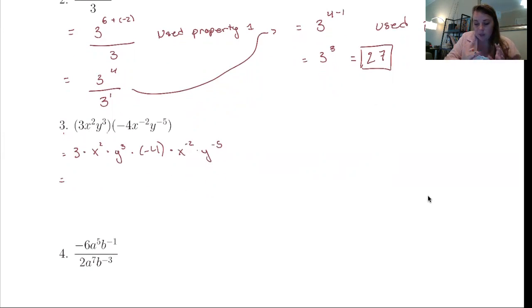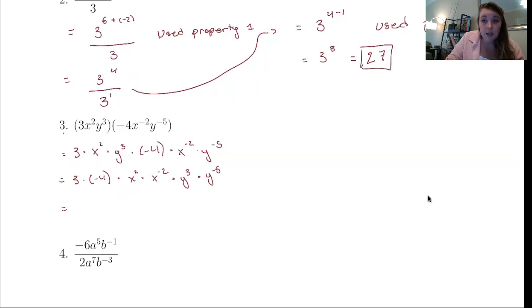I'm going to get my numbers together and then usually my variables in alphabetic order, but it doesn't really matter. So I'll do 3 times -4 times x squared times x to the -2 times y cubed times y to the -5. And that just makes our work a little easier.